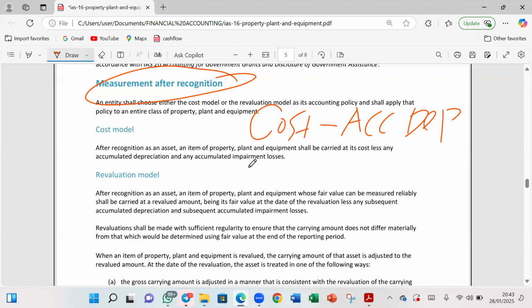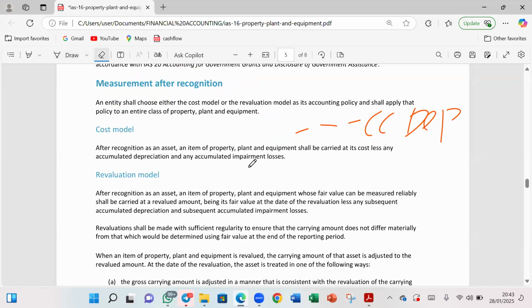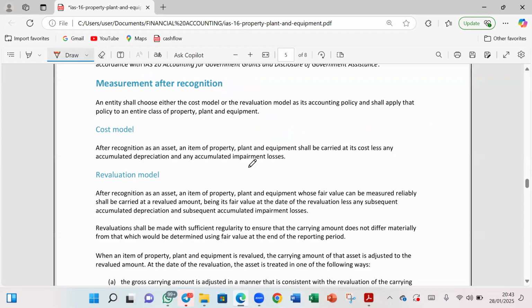Let us read this statement here. You can see this statement in IAS. What does it say?